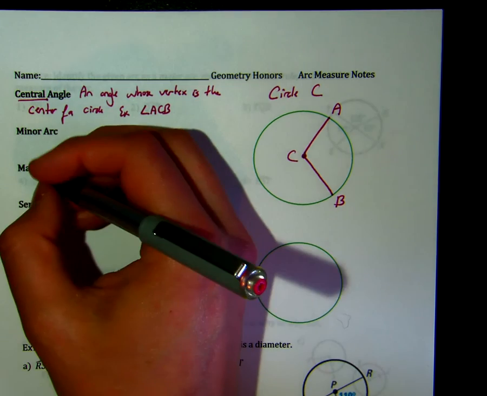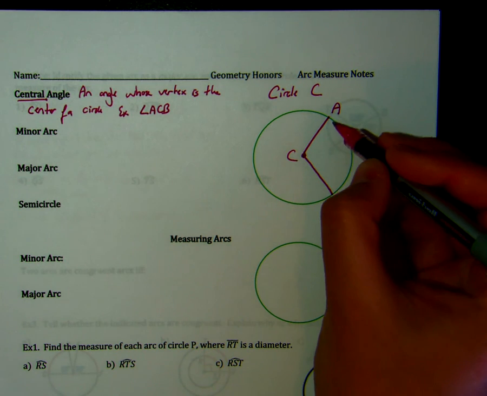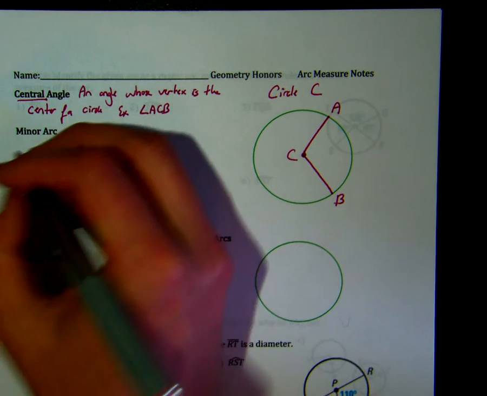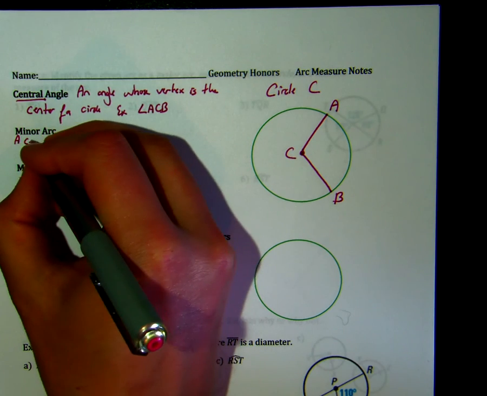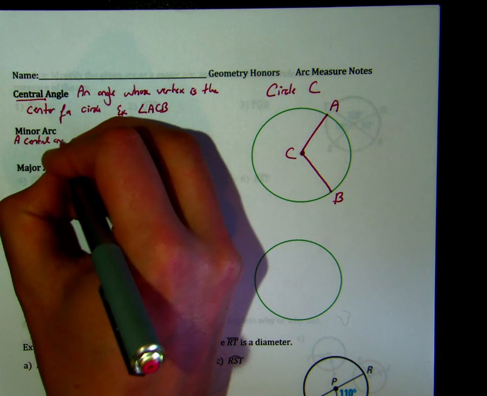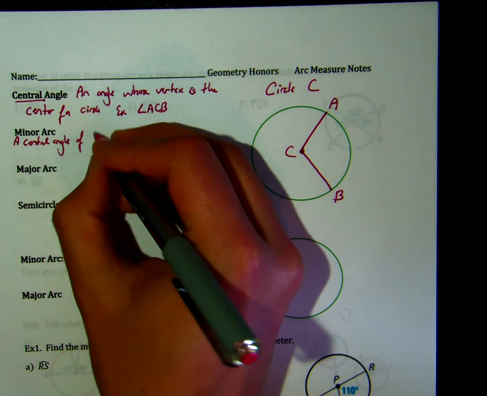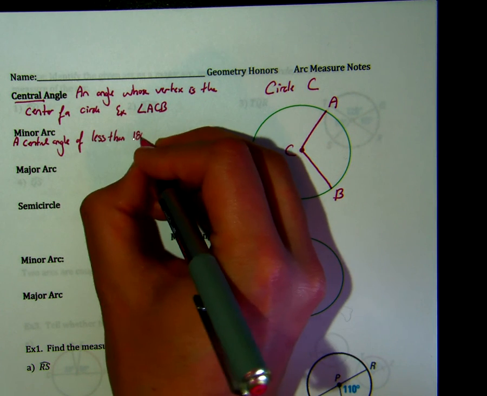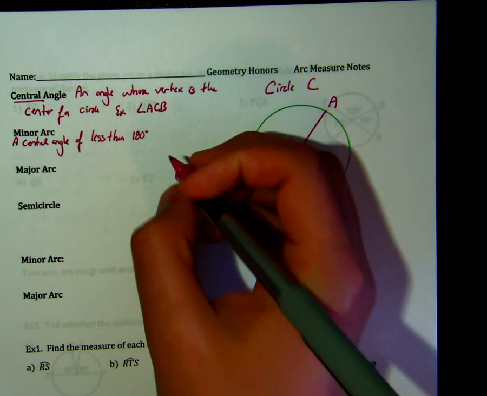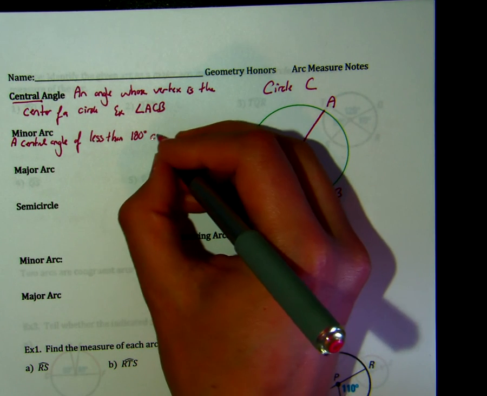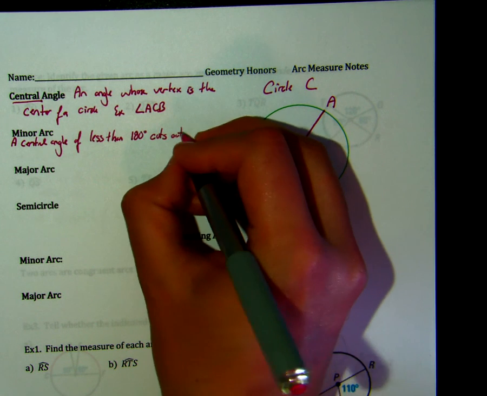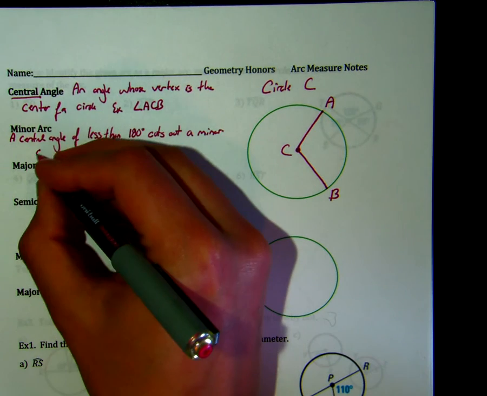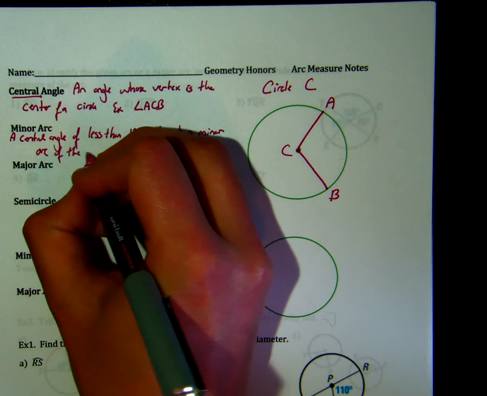A minor arc is created when you have a central angle that is less than 180 degrees, so less than half a circle. That cuts out a minor arc of the circle.